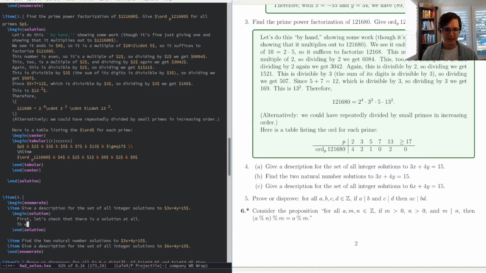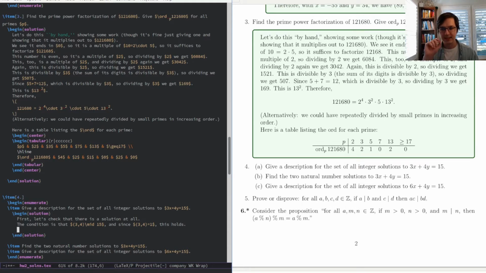The condition is that the GCD of 3 and 4 divides 15. And since the GCD of 3 and 4 is 1, because this is 2 squared, that's 3, nothing in common, this holds. So now what do we do?